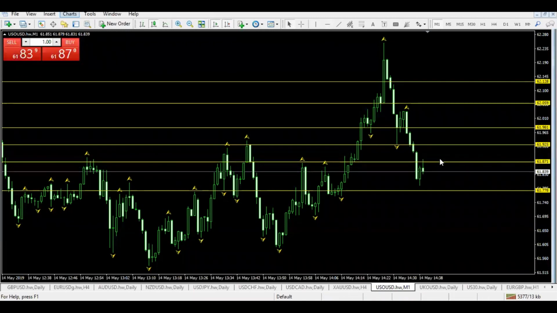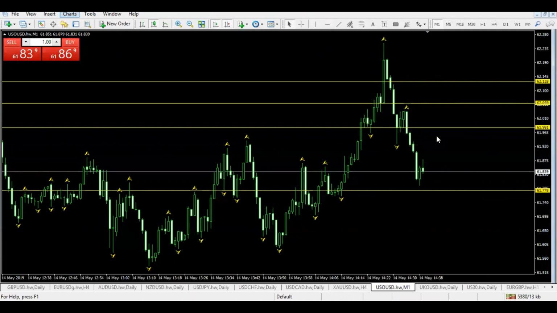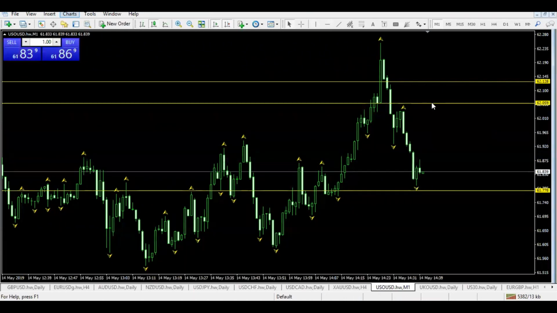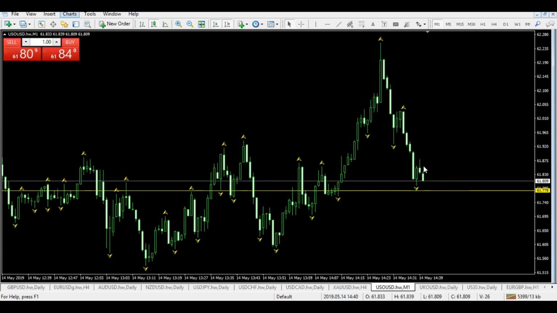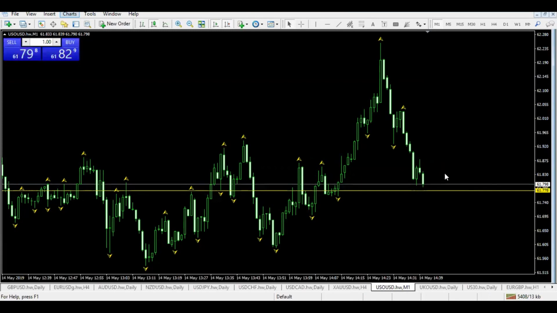You should get your 2 or 3 pips profit and close it. Like right now, it has a bearish signal. If I made 1 or 2 pips profit, close it, you should exit here. Because it has given you a bearish signal, so it should drop down.